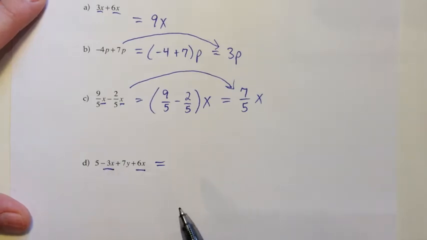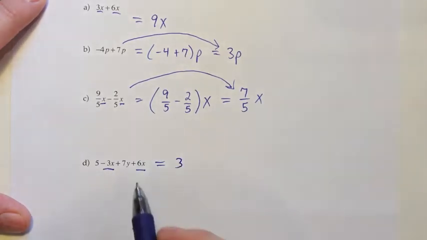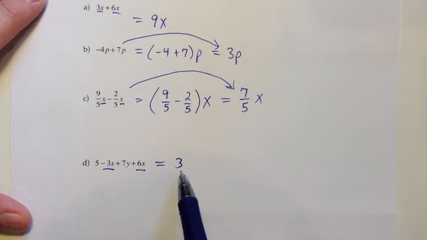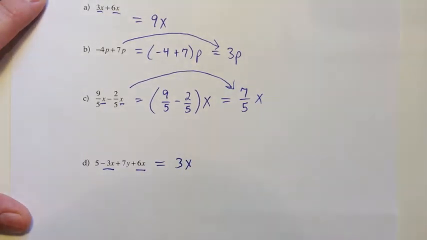And sometimes people will say 3, but you have to include that sign out front. So this would be a -3x plus a 6x. If I add the coefficients there, -3 plus 6, opposite sign, so I subtract, bigger one is positive, so I get a positive answer. So -3 plus 6 is 3, and those were x terms to begin with, so they're still x terms after we combine them.